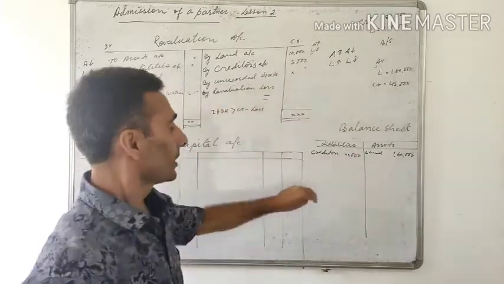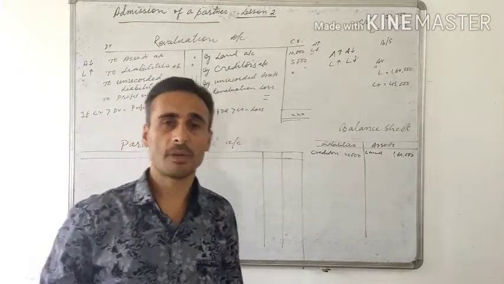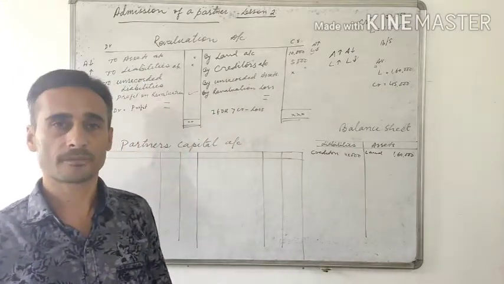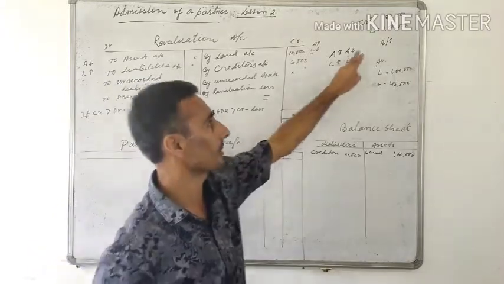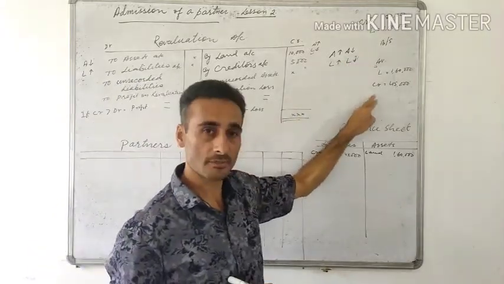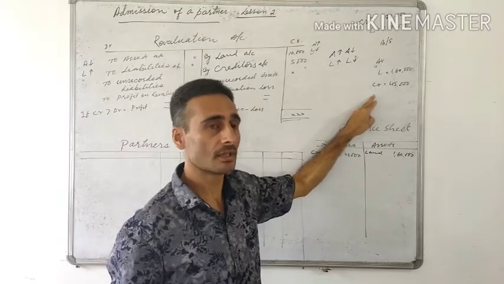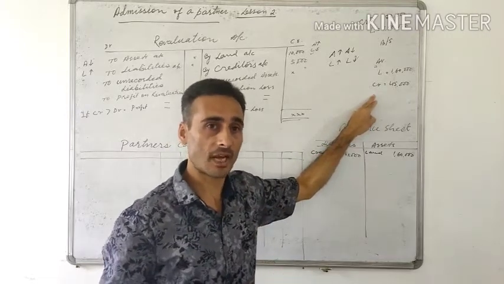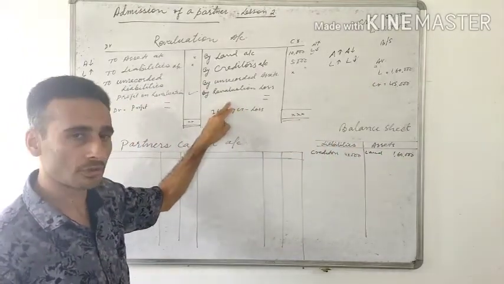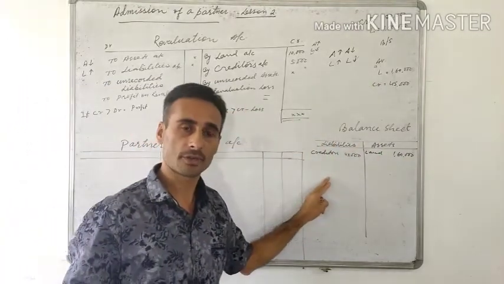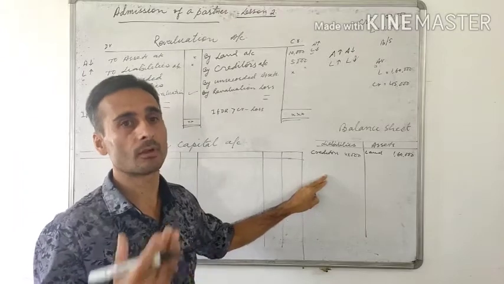Okay. There may be some assets and liabilities whose value will not change. If the value does not change, you will have the value only in the balance sheet but not in the adjustment. Since there is no change, that asset or liability will not come in the revaluation account but will appear in the balance sheet, at the old values.